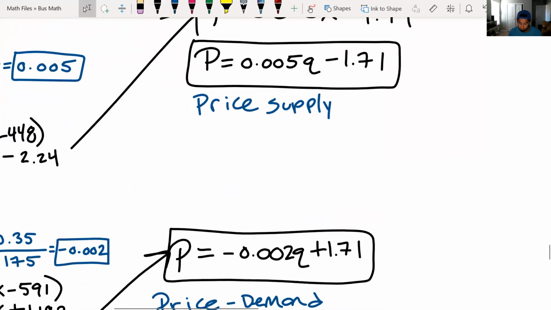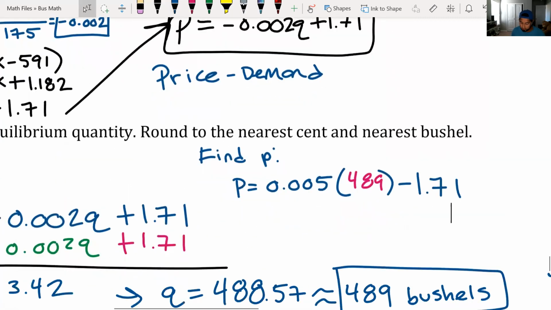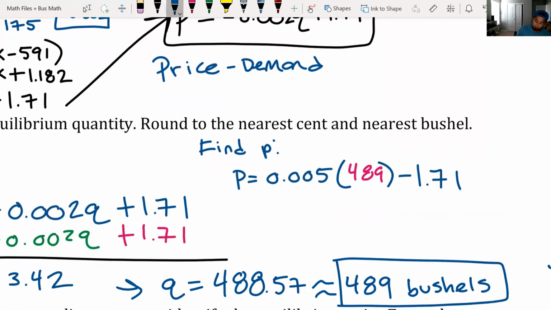Yep. And 0.005 times 489 minus 1.71 is going to be 74 cents.